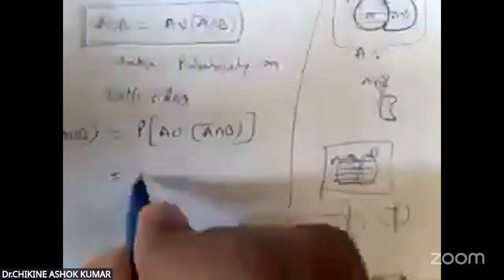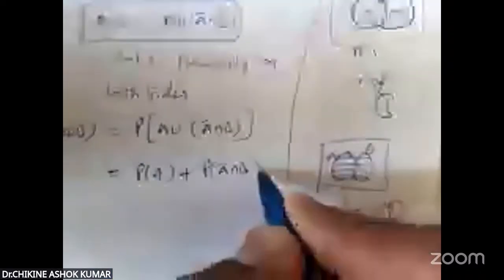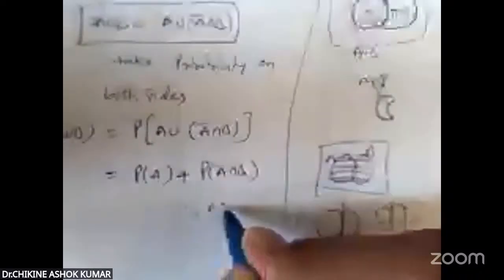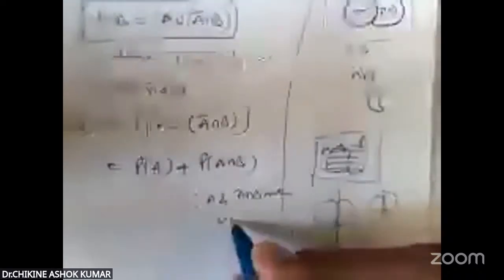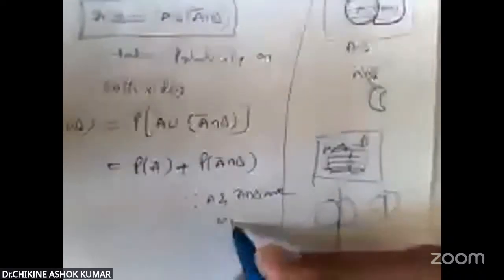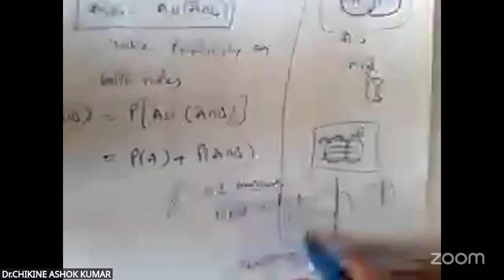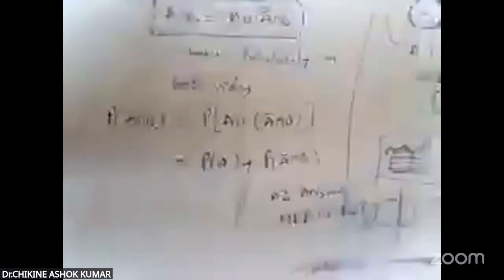So it will become P of A plus P of A bar intersection B, since A and A bar intersection B are mutually exclusive events. Because of that, I wrote their union equal to the sum of their individuals. So next.